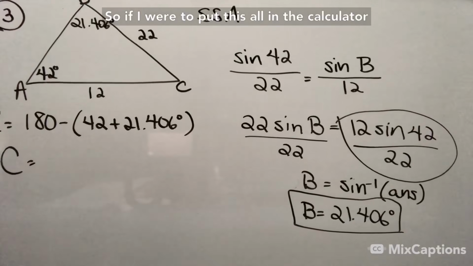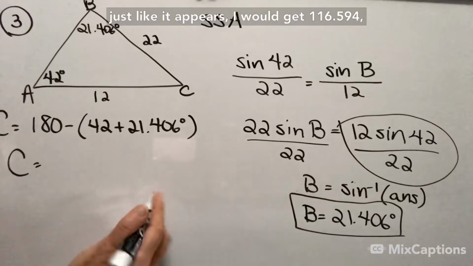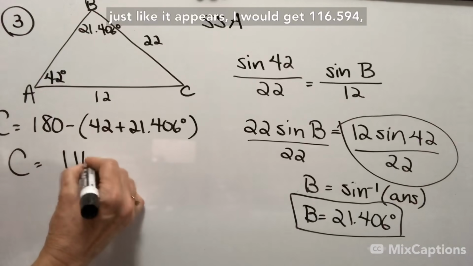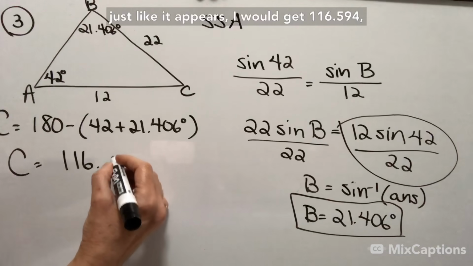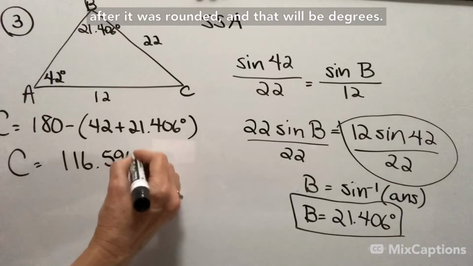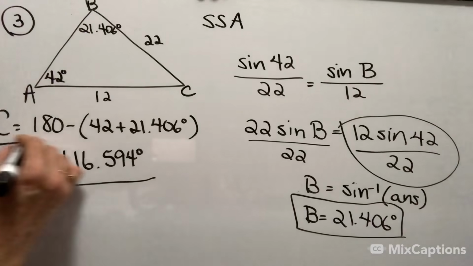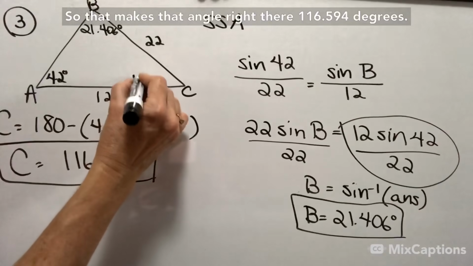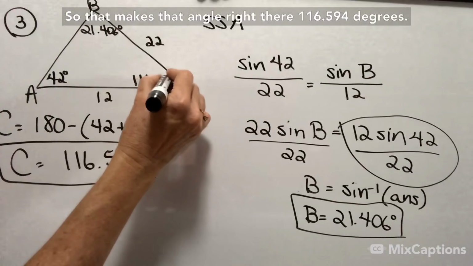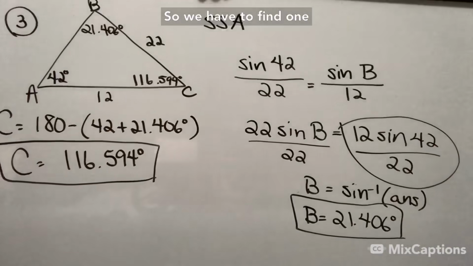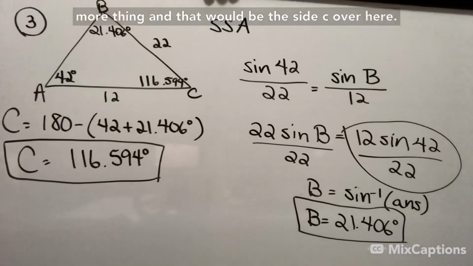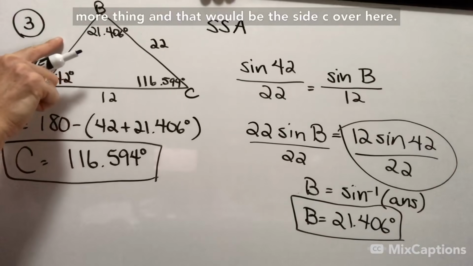So if I were to put this all in the calculator just like it appears, I would get 116.594 after it was rounded, and that will be degrees. So that makes that angle right there 116.594 degrees.